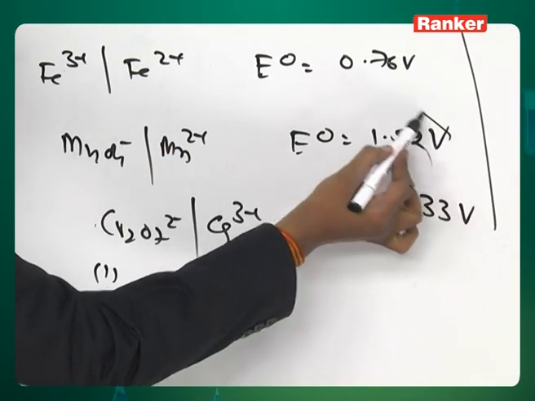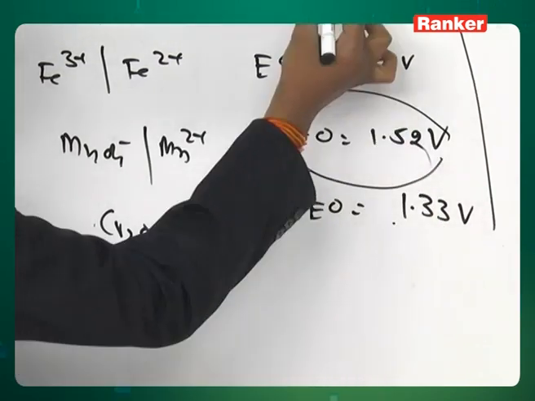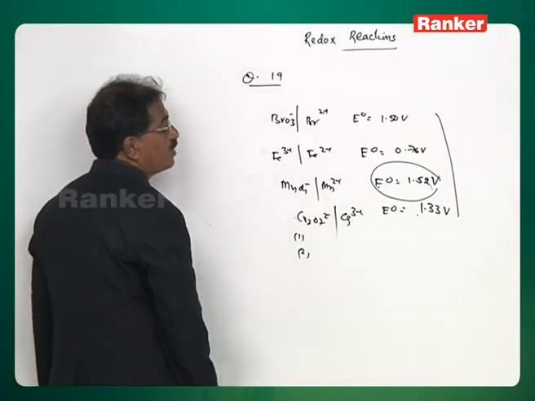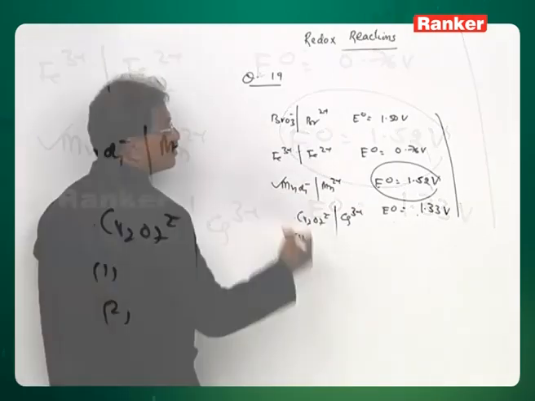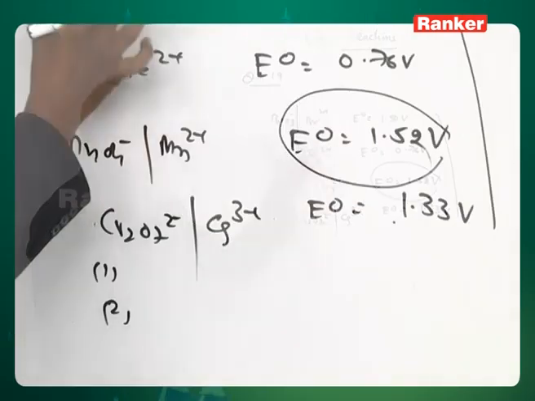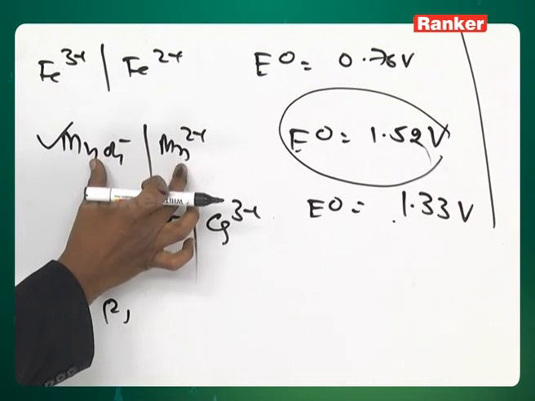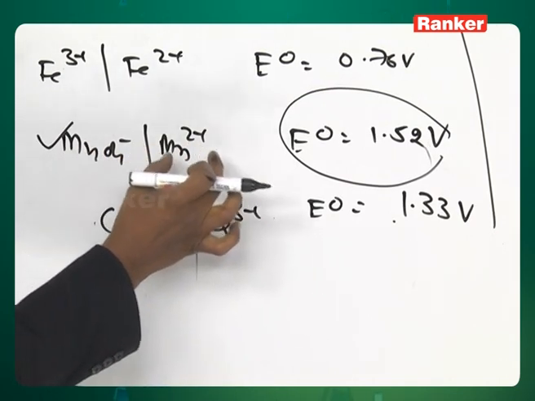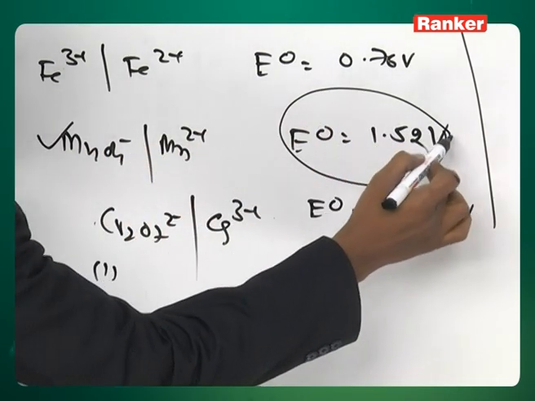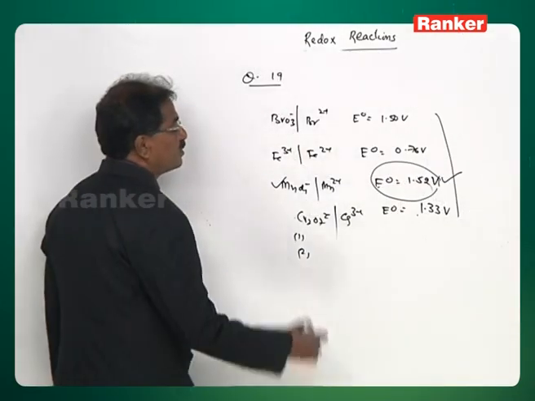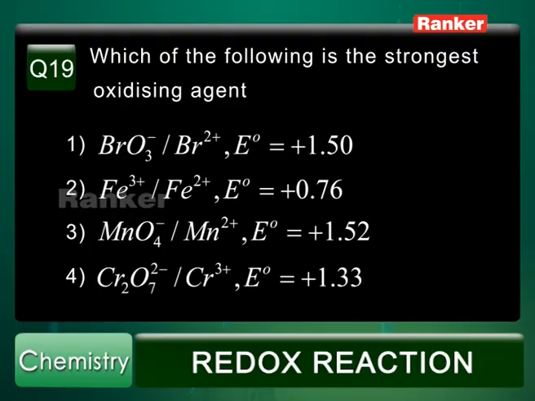Any species whose reduction potential is highest among the given 4 species will act as the most powerful oxidizing agent. In this question, in the third option, for MnO4 minus to Mn2 plus, the reduction potential given is the highest. Hence, it is the most powerful oxidizing agent. Hence, the answer is 3.